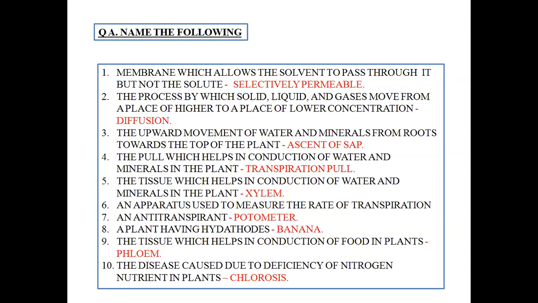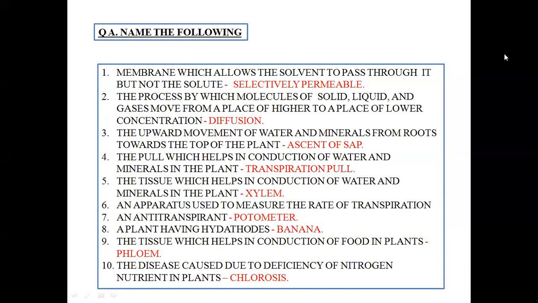Next is the process by which solid, liquid and gas molecules move from a place of higher to a place of lower concentration. This is known as diffusion. Next is the upward movement of water and minerals from the root towards the top of the plant, known as ascent of sap.